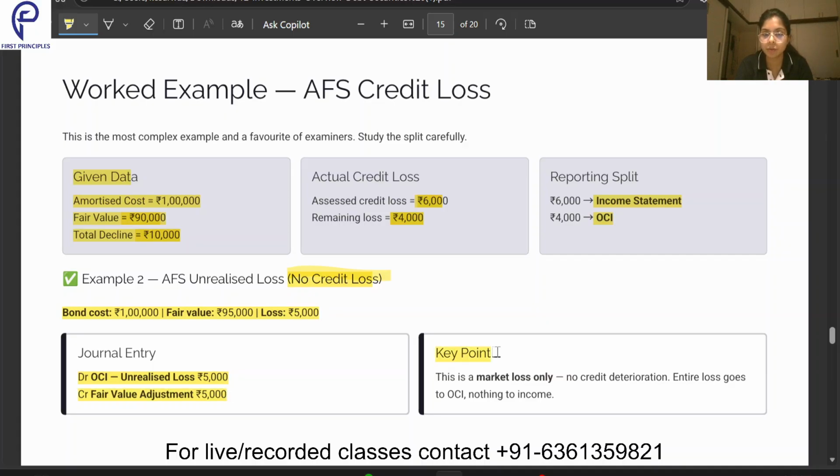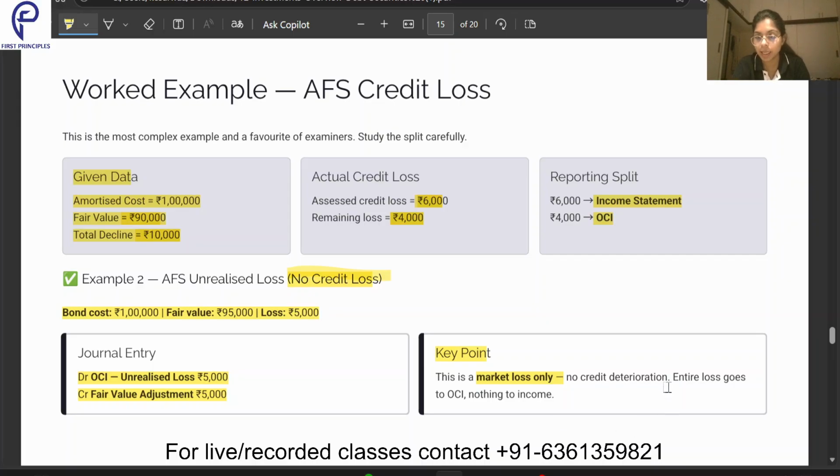What is the key point to remember? That this is a market loss only. This is a decline in the value of this particular security. This does not denote a credit loss. This doesn't mean that this much amount of money I'm not going to recover. So this is related to the market, not related to the issuer of that particular security.